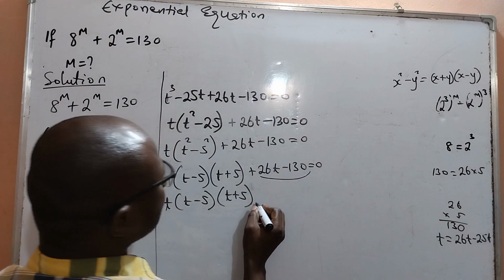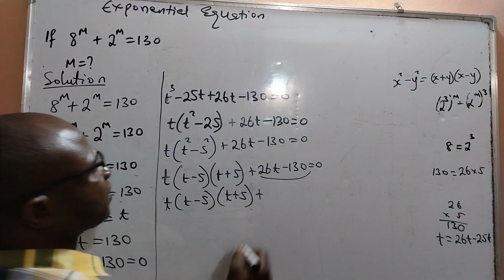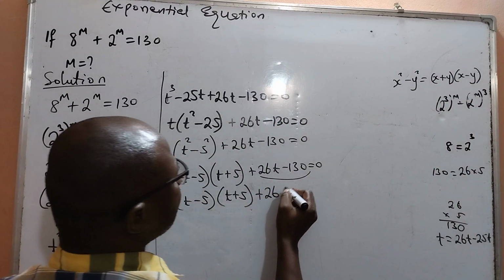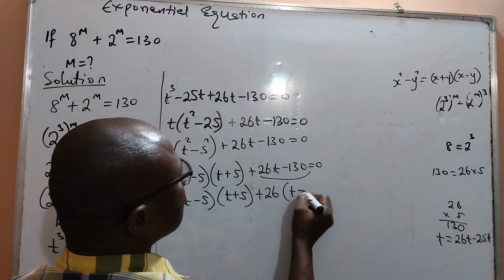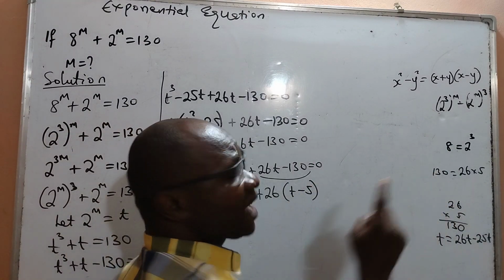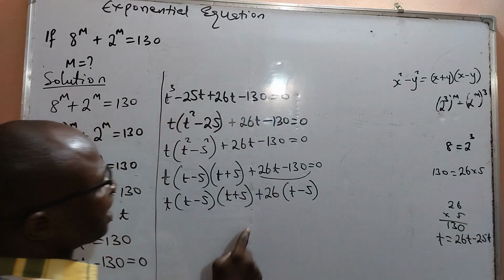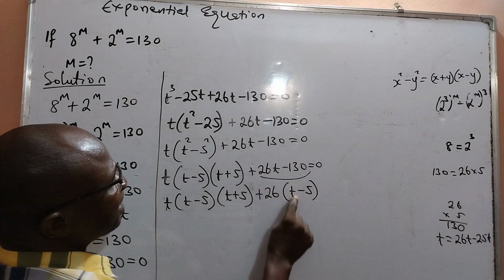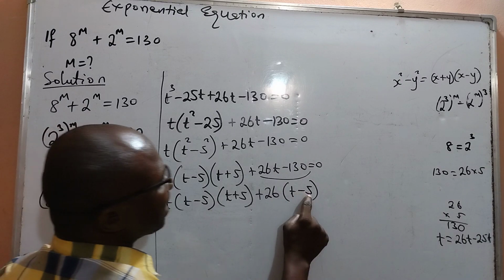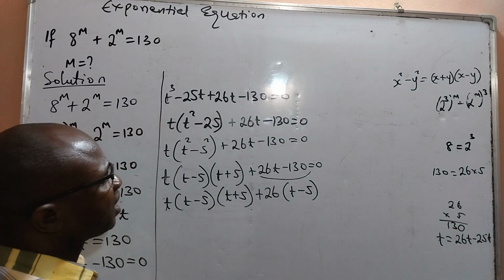And here what is common is 26, so I can write 26 plus, then leaving me inside the bracket as t minus 5. Because we said here that 130 is the same thing as 26 times 5. What it means is that 26 multiplied by t will give me 26t, and also 26 multiplied by minus 5 will give me minus 130, as we have expressed here.